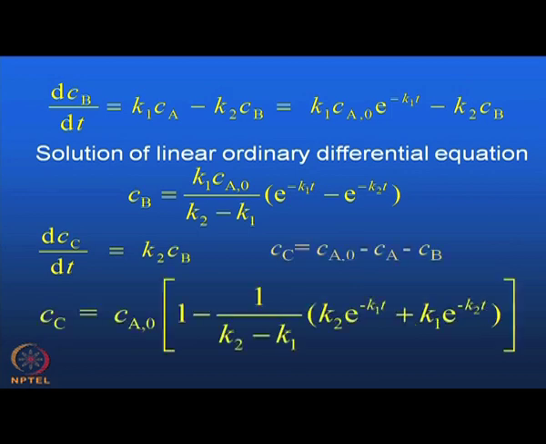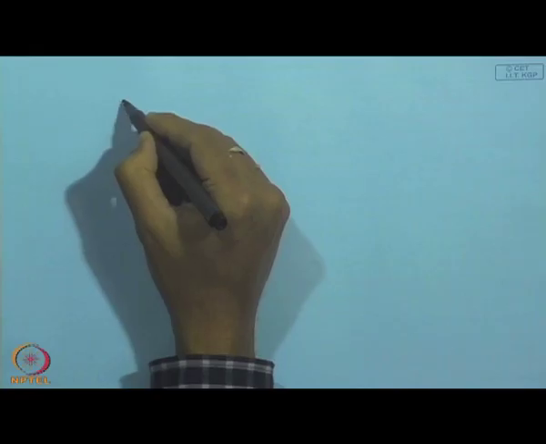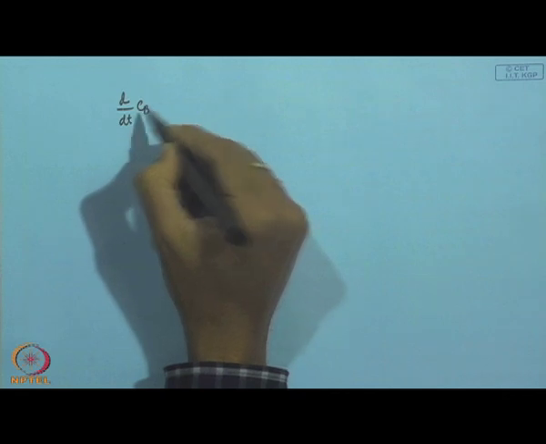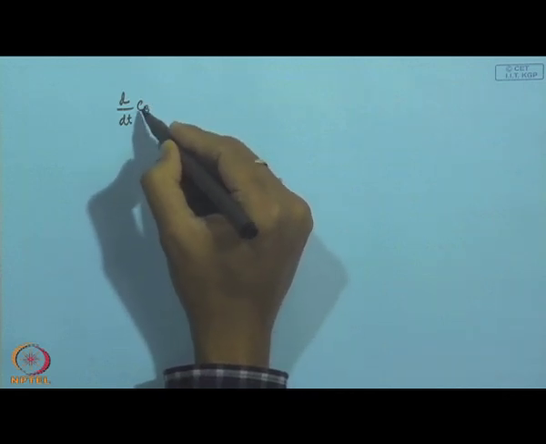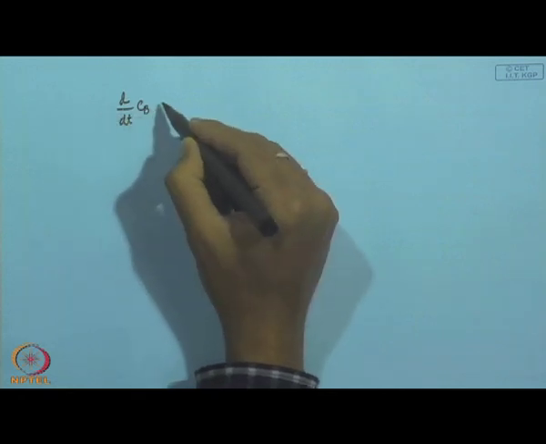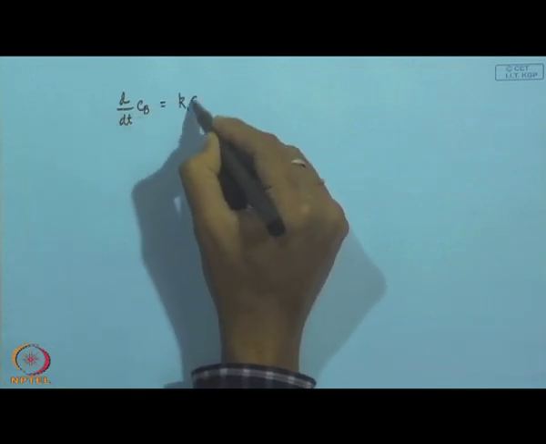Now, let us find dCb/dt, that is the rate of formation of B. So, d/dt of Cb, because we are looking at the formation rate of B, is in plus sign, equal to K1 Ca.